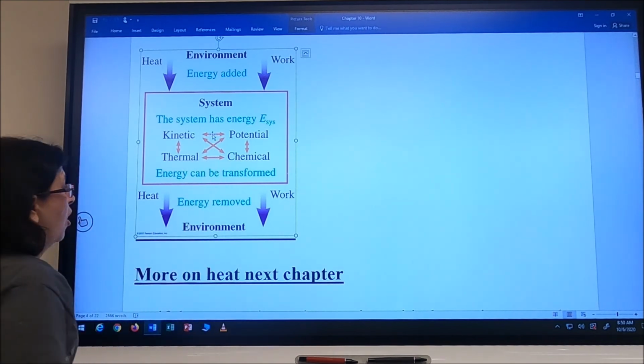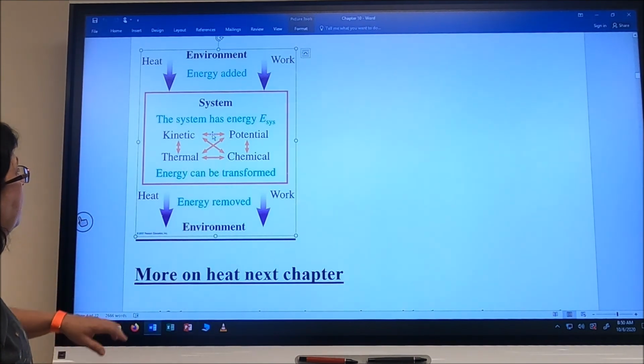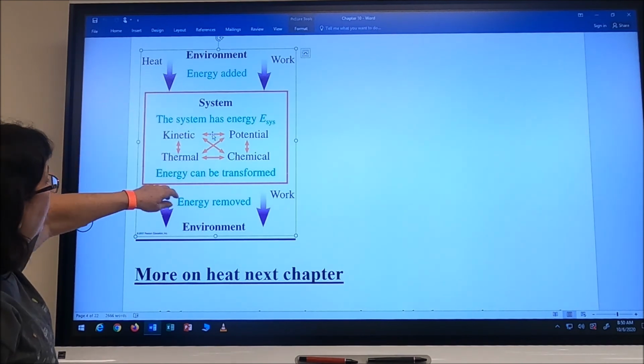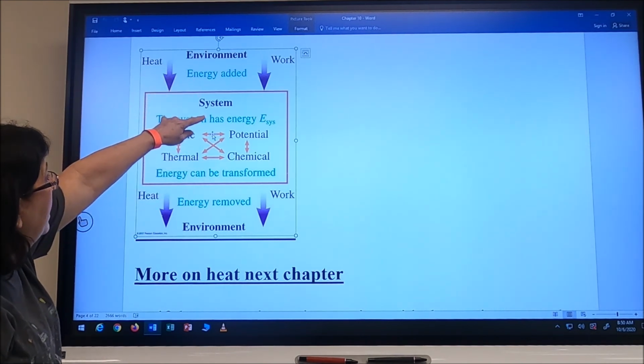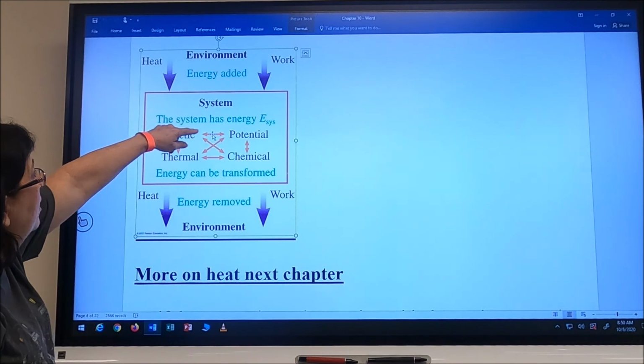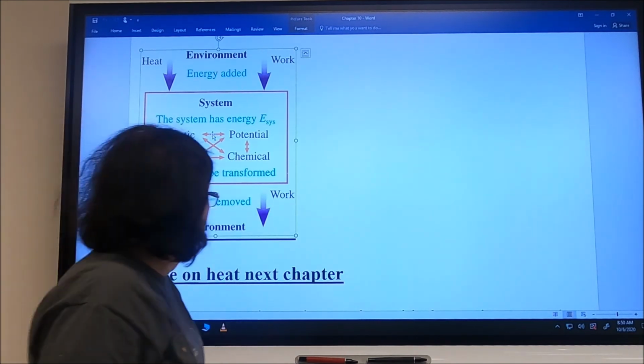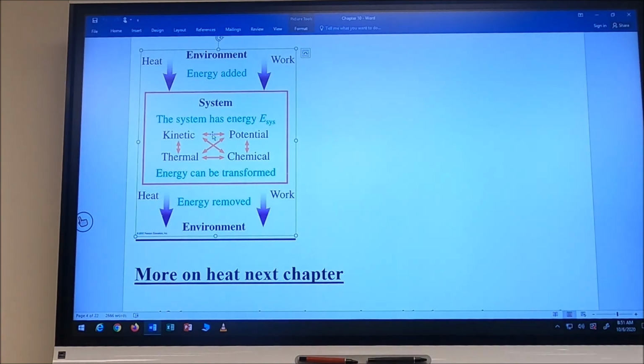We can crisscross all over the place in there, okay? Those are transformations inside the system. Transfers are either energy coming in to the system from the environment or going out from the system to the environment. Okay? So, heat we'll eventually get to.